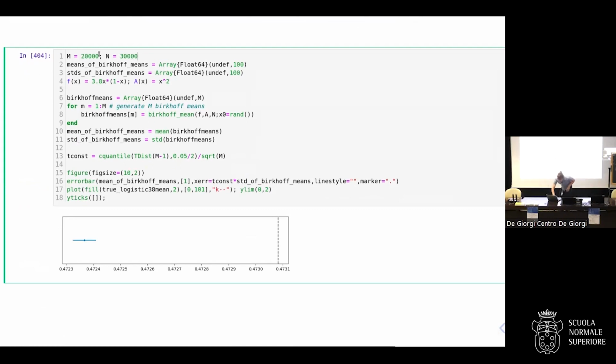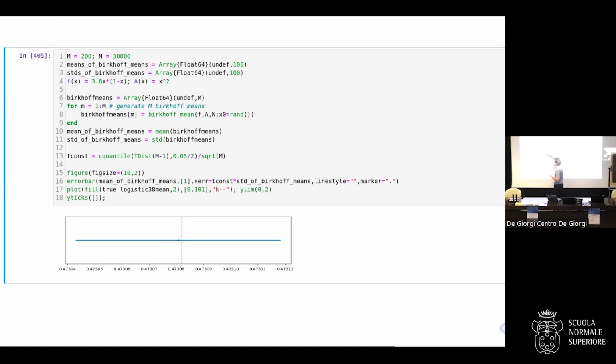So in general, you want to take a bunch of Birkhoff averages of quite a long length, and then you want to do this a few times, independently of each other. And then n being long means that the expectation of your Birkhoff mean is quite close to the actual integral of your function with respect to the physical measure.